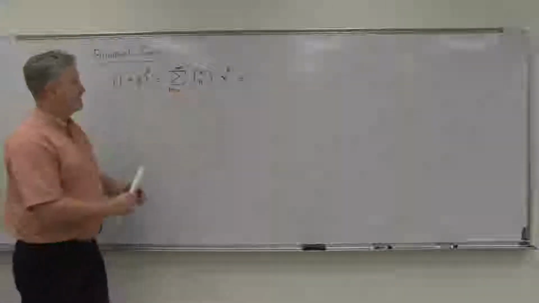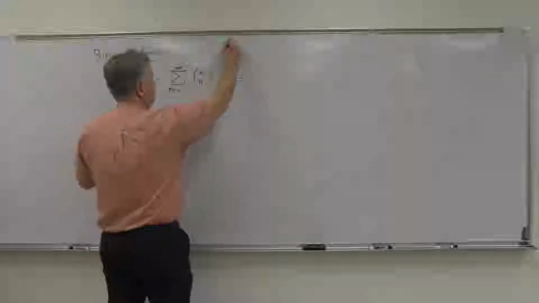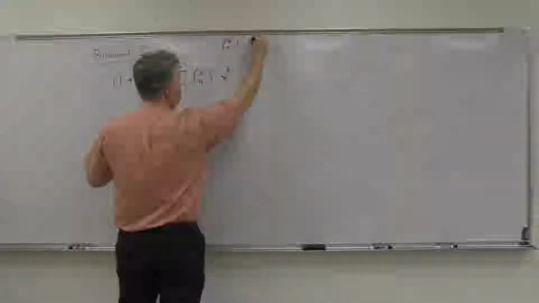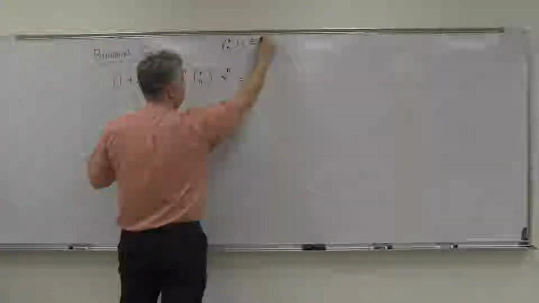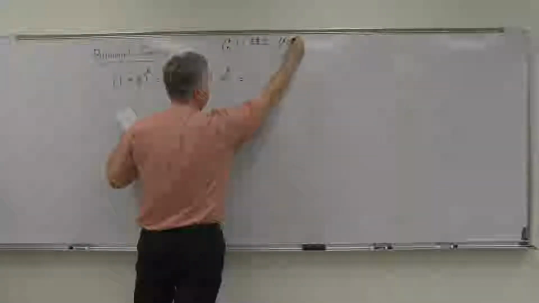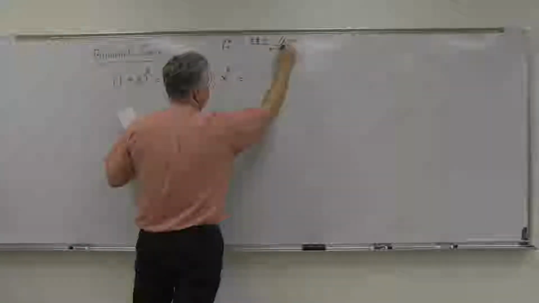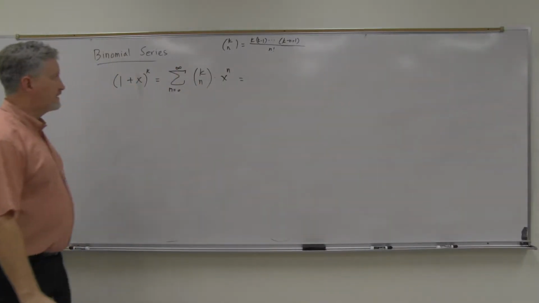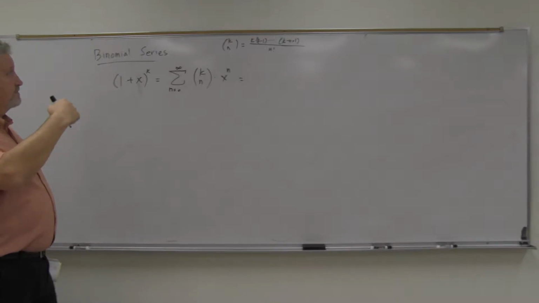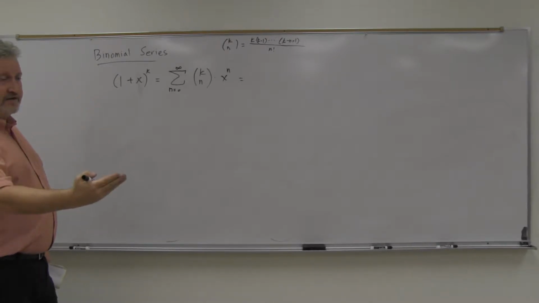Technically we defined it to be k times k minus 1, and so on and so forth until k minus n plus 1, over n factorial. But what it really means is I'm evaluating it term by term.